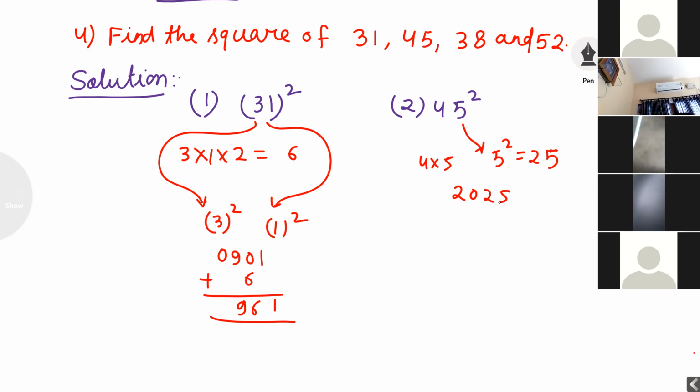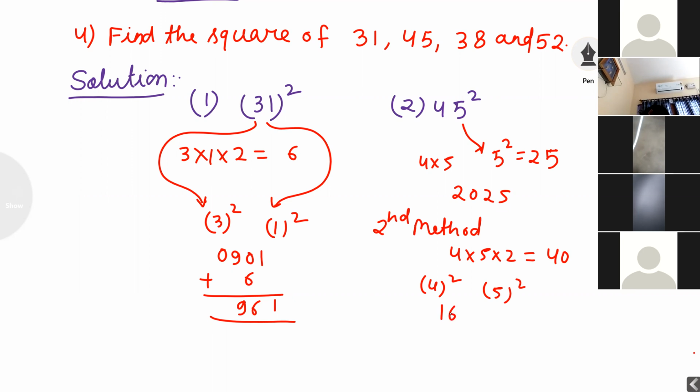Here second method I am checking. 4 into 5 into 2, 40. Now 4 square and 5 square. 4 square 16. 5 square 25.